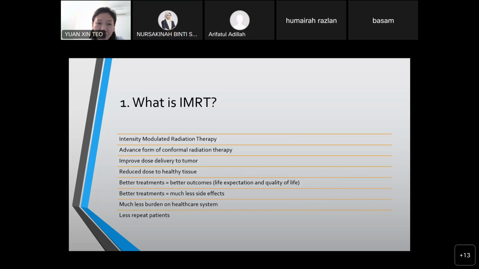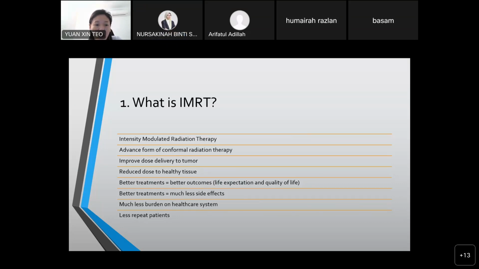So by using IMRT, it creates a better treatment with better outcomes. The life expectancy and the quality of life will be better for patients because we have reduced a lot of the dose to the healthy tissues, so with better treatments there are also much fewer side effects.